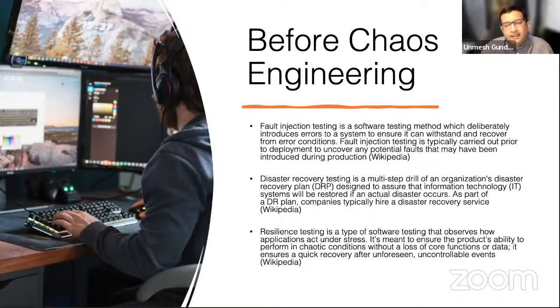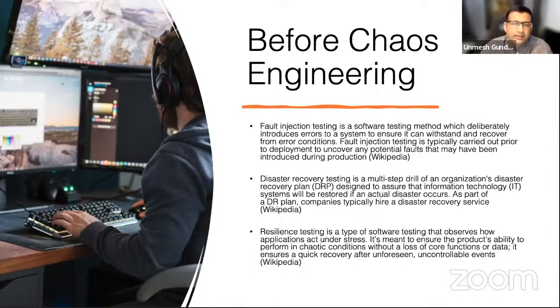Disaster recovery testing is another technique or discipline that many organizations do to make sure that their data centers are highly available, and in case of one data center going down, they have another site available, and the systems are not impacted.